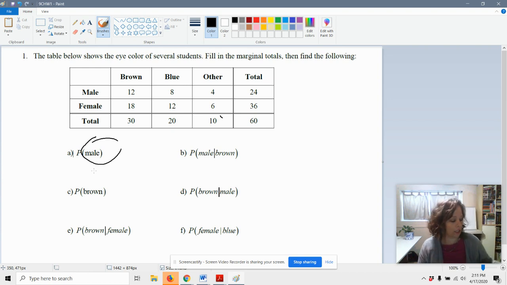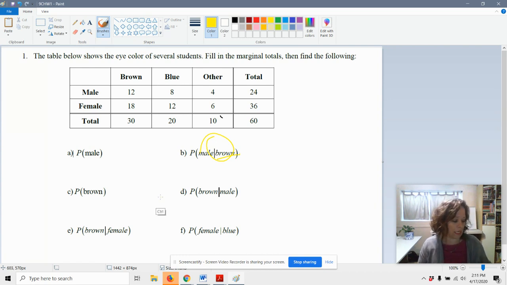So a conditional statement in probability looks like this. It's like on B. This is a conditional statement when it has this straight line right here. And then the second part of that statement is the category that we're going to use for that conditional probability.